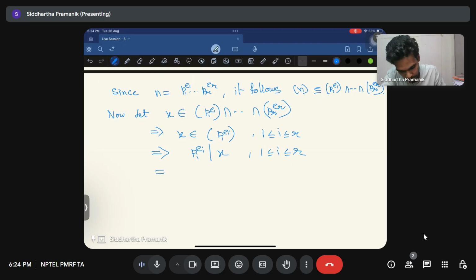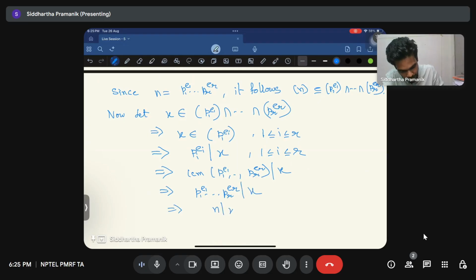Now this will imply the LCM of p1^e1 dot dot pr^er also divides x, but p1, p2 up to pr are all distinct primes, so their LCM has to be their product. So p1^e1 dot dot pr^er has to divide x.